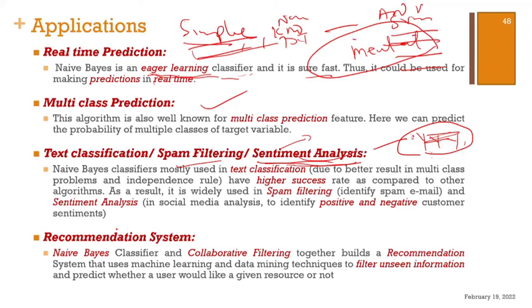And also recommendation systems are another very big application area that Naive Bayes has been put to and will continue to be put to. You can use it for several things. When you buy something online, they try to recommend: people who bought this also bought this.